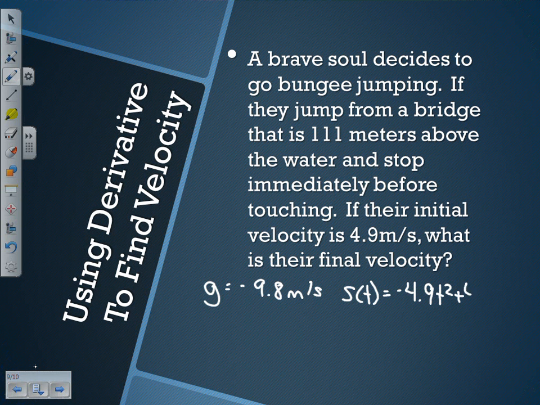And it is positive because we're saying that's her jumping up in the air, and then she makes her descent going down. So she jumps up a little bit, then starts going down. That's why that's positive. t plus, what's the initial position? 111, because that's how high up she is. So that's how we got the numbers from the problem up here.